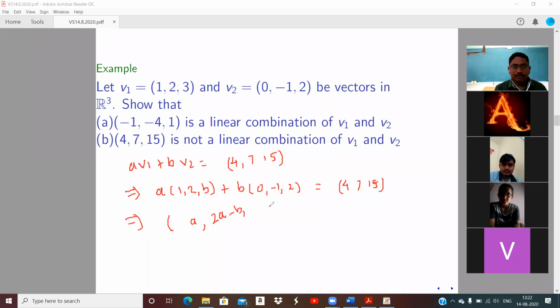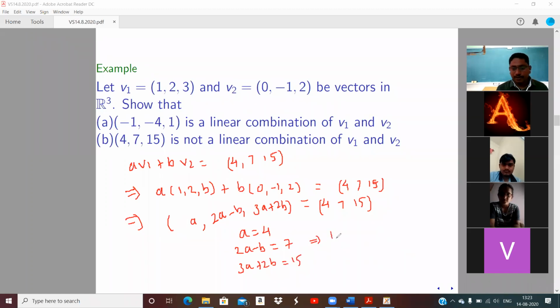And the next coordinate is 3A plus 2B. This is equal to 4, 7, and 15. So you are writing A equal to 4, 2A minus B equal to 7, and 3A plus 2B equal to 15.